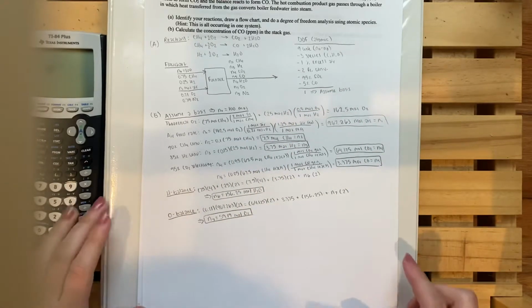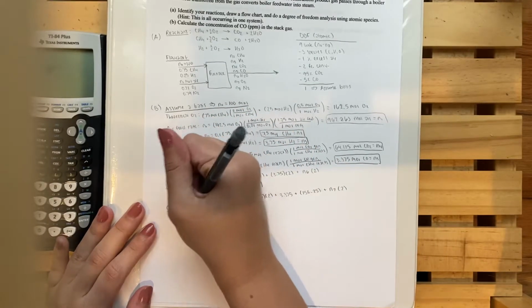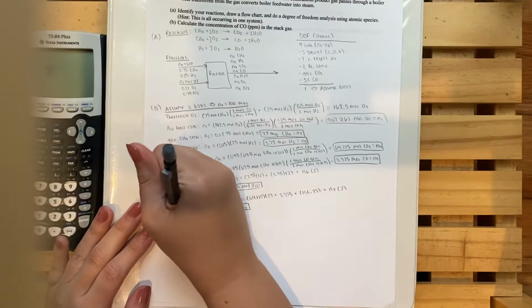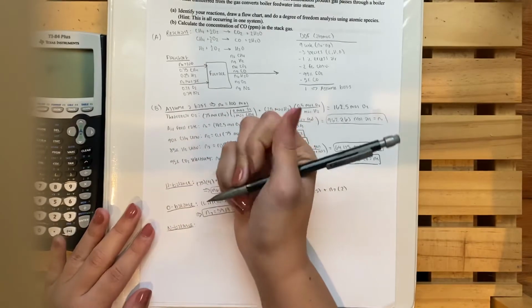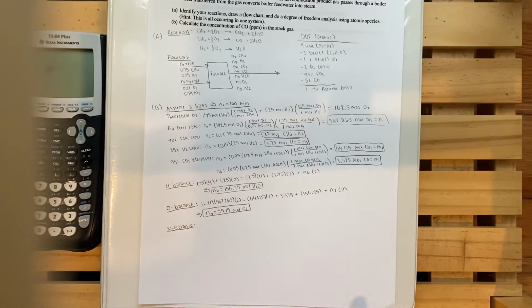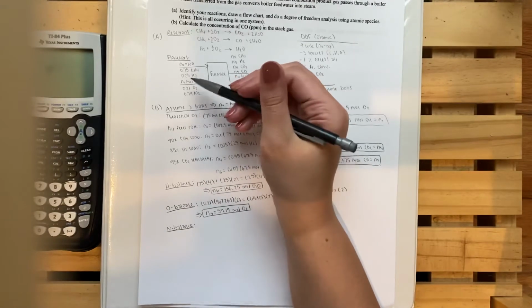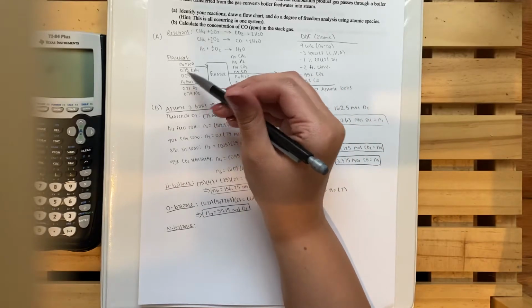And finally, we're going to figure out N8 by doing a nitrogen balance. And nitrogen's non-reacting, so this isn't really part of the atomic species method here. We are just figuring out N8, which is equal to 0.79 times N1.